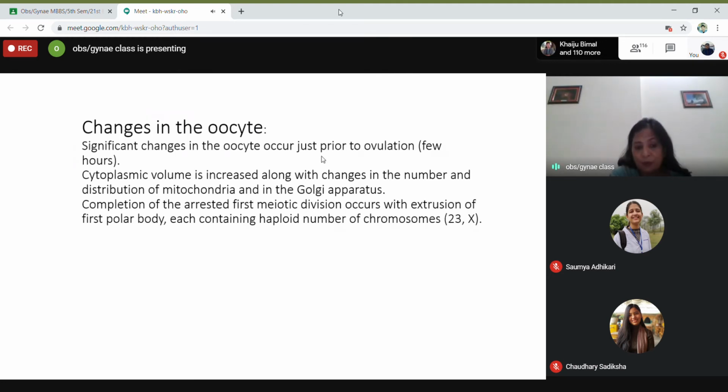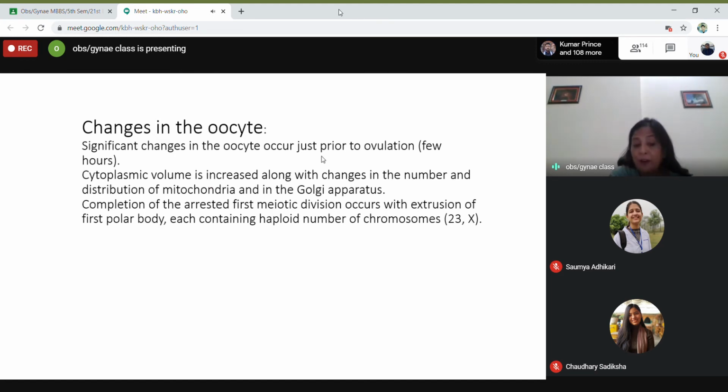Now changes in the oocyte. Significant changes in the oocyte occur just prior to ovulation, a few hours before. The cytoplasmic volume is increased, and there will be changes in the number and distribution of mitochondria and Golgi apparatus.